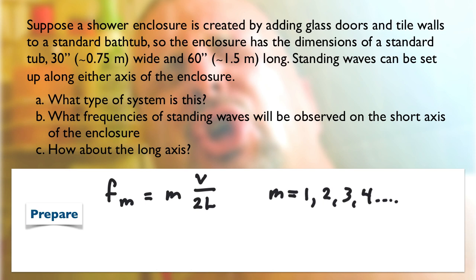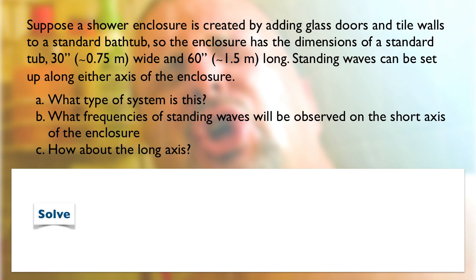And I want to note as well that F_m is just going to be equal to m times F_1. So we only actually have to calculate the first one, because the second one just has double the frequency and the third has triple, etc. And now we're ready to solve.